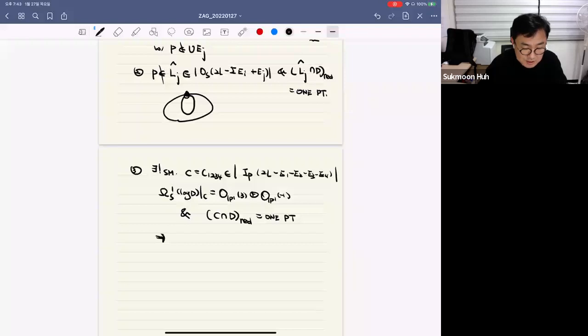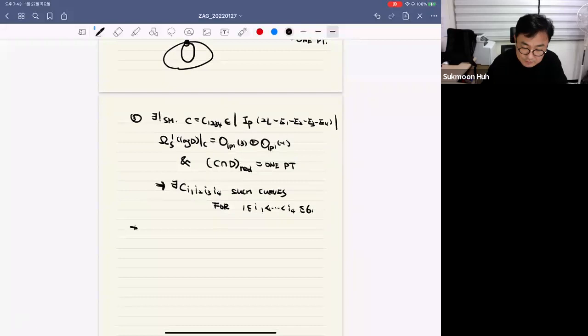And by changing the index, we can find many such curves, I1, I2, I3, I4, for I1 up to I4, and most of 6. But here we have a fixed conic D or pi D downstairs, right?